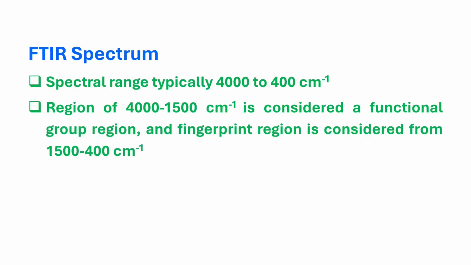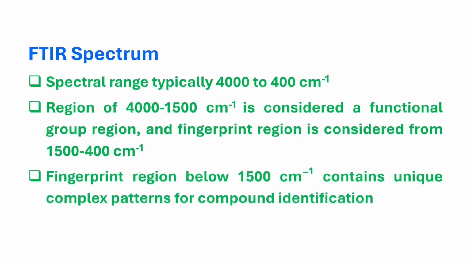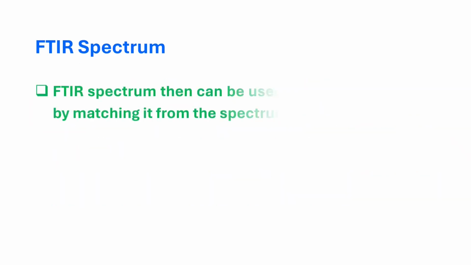The region of 4000 to 1500 centimeter inverse is considered the functional group region, and the fingerprint region is considered from 1500 to 400 centimeter inverse. The fingerprint region below 1500 centimeter inverse contains unique complex patterns for compound identification.